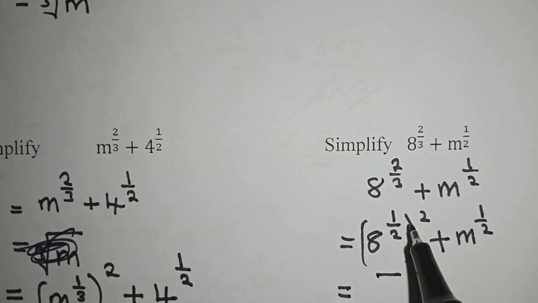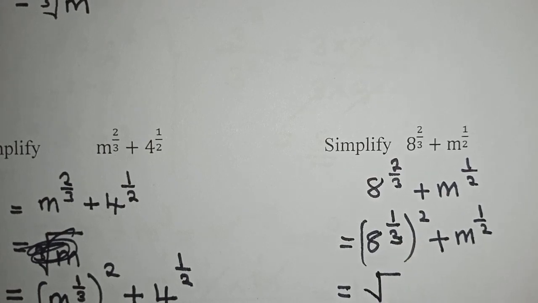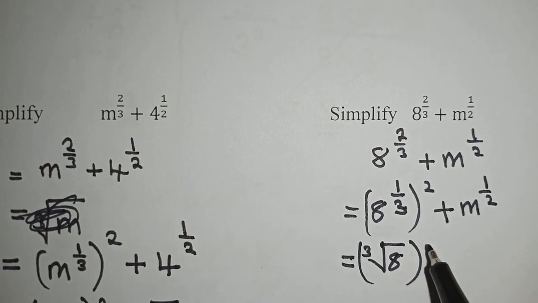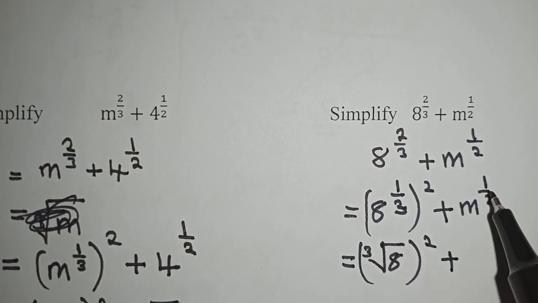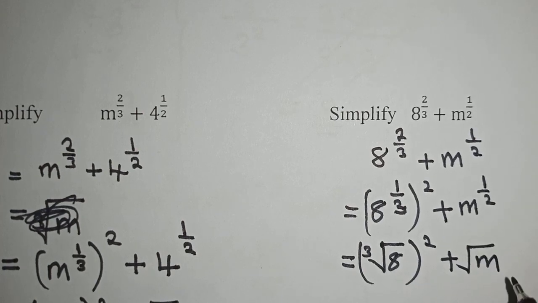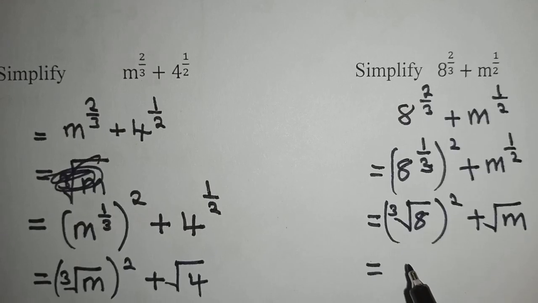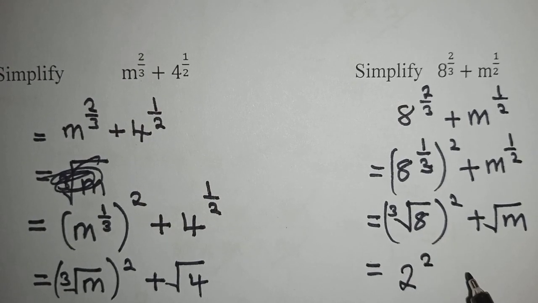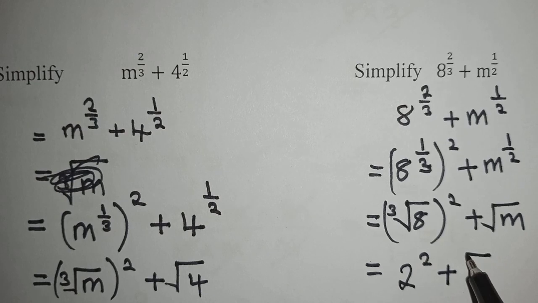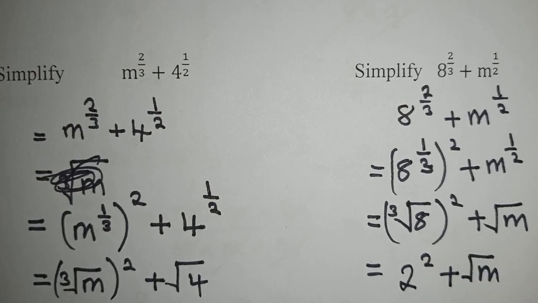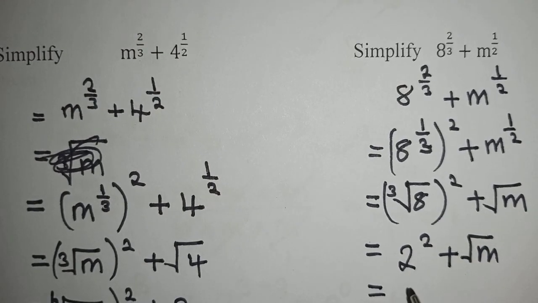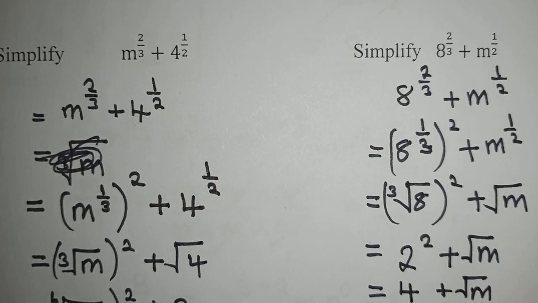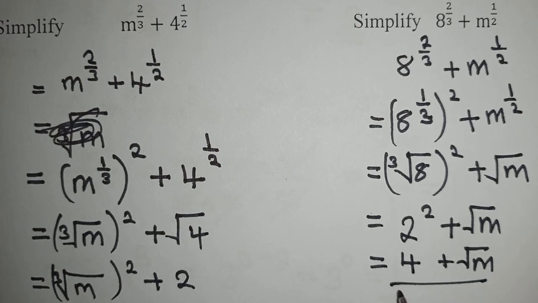This means, actually here it's a 3. This means a cube root. So cube root of 8 and the power 2 there outside. This one means the square root of m. And when we work out, we're getting a 2, because cube root of 8 is a 2 and the power 2 there, plus square root of m. And finally, the answer will look like this. Okay, so this is our answer right here.